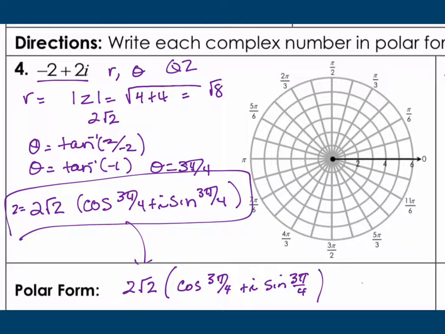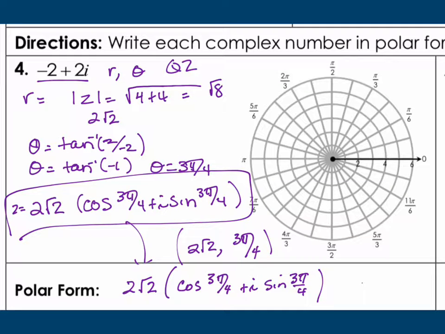Now, we have to graph the polar point, which is r, theta, so that's 2 square root of 2 and 3 pi over 4. So 2 square root of 2, let's see, that would be about 2.8.